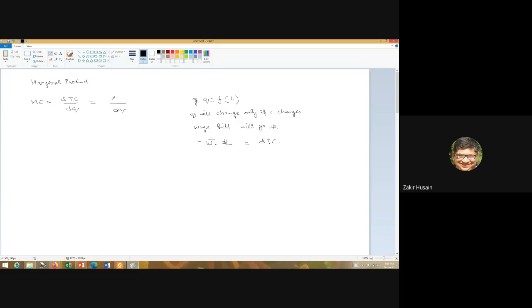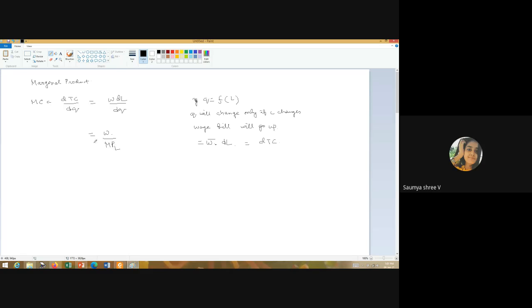So instead of ΔTC, we can write W into ΔL. Now what is this? Complete this part. Marginal cost. Yeah, into MPL. No, sir, divided by MPL.